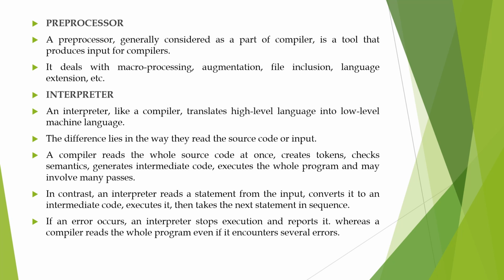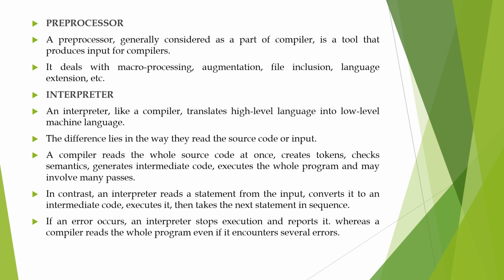In contrast, an interpreter reads a statement from the input, converts it to an intermediate code, then it executes it, then takes the next statement in sequence. The main difference is that the compiler takes the whole source code, creates tokens, and does many passes.